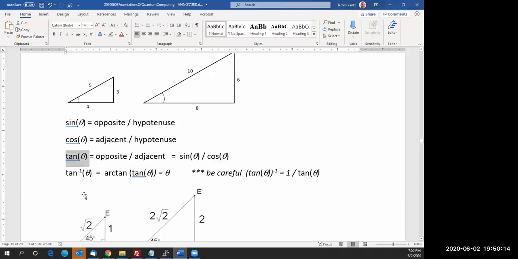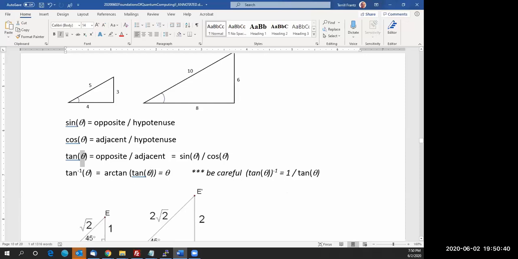An important thing to keep in mind is that there's such a thing as arctangent. And arctangent is the function that refers to the degrees here, the angle.